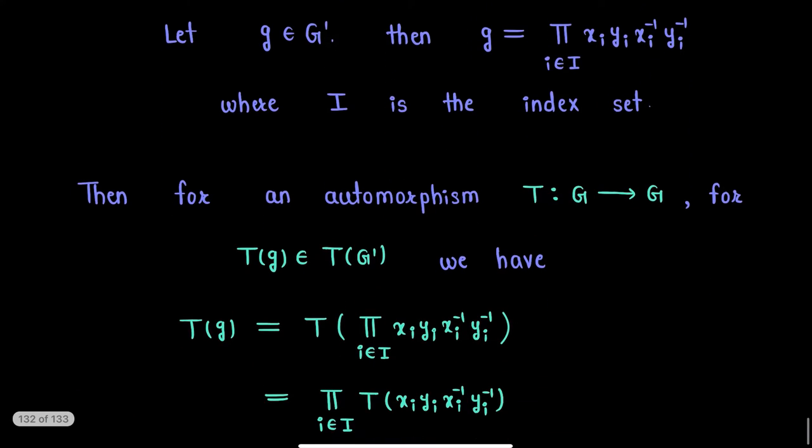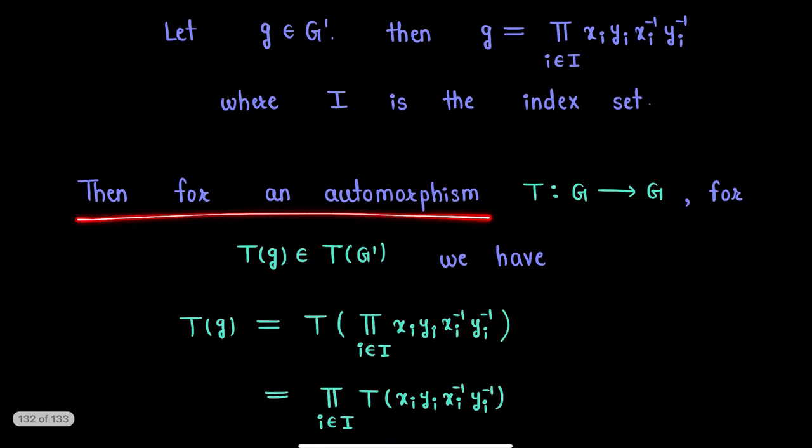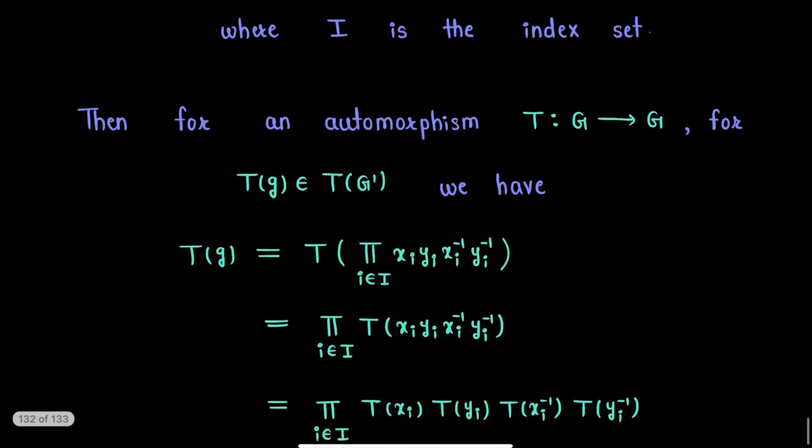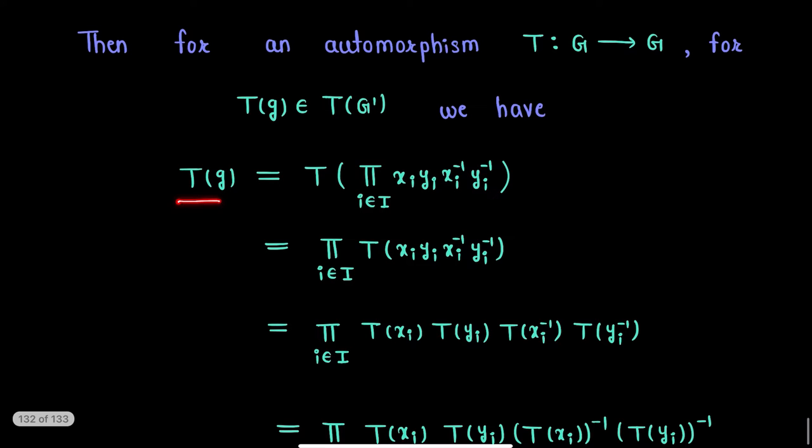Then for an automorphism T from group G to group G, and for T(g) in T(G'), we have T(g) equal to T of this product.